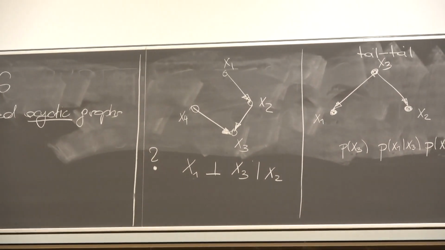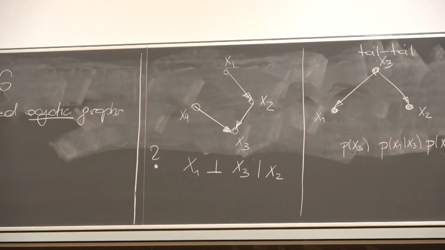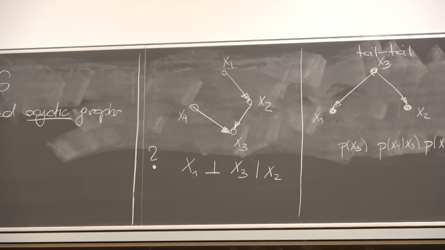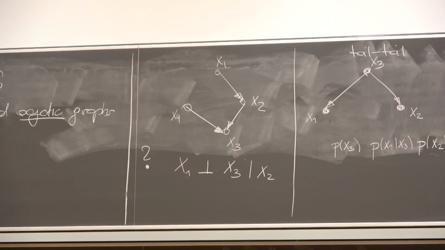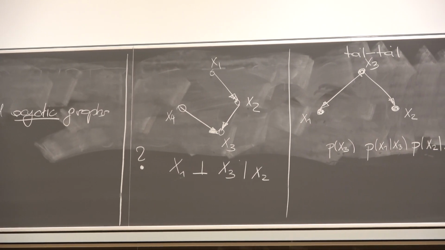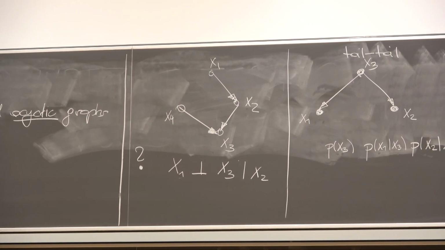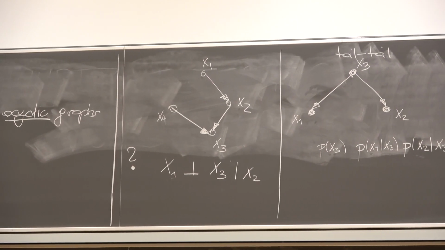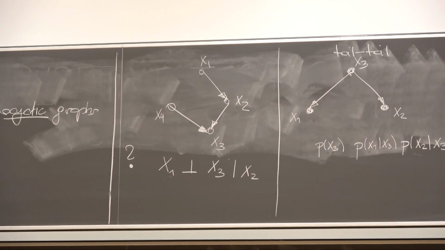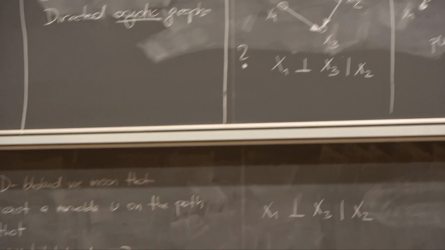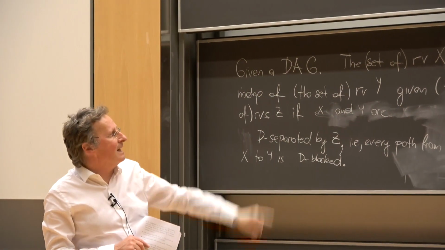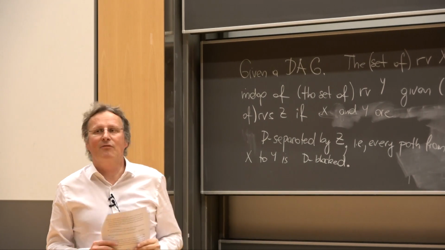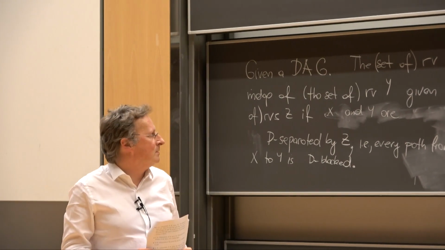So let's say x1 is independent of x3 given x2. Let me just make sure that I drew it in the same way. I think I did. Okay, I want x1, x3 given x2. So does x1 and x3 independent if I give you the x2?